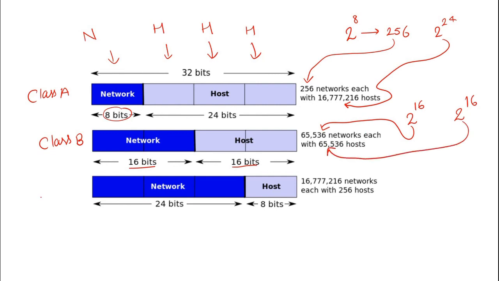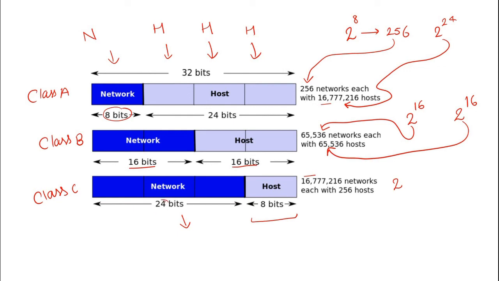If you talk about the class C address, we have a total of 4 octets, with the first 3 octets for the network bits and the fourth octet for the host bits. So here the networks are very high. The number of networks is 2 to the power number of network bits.